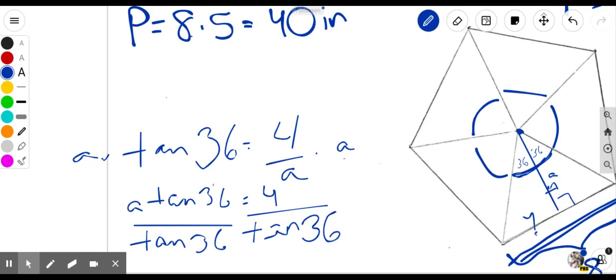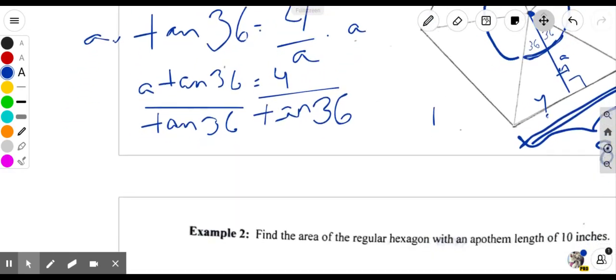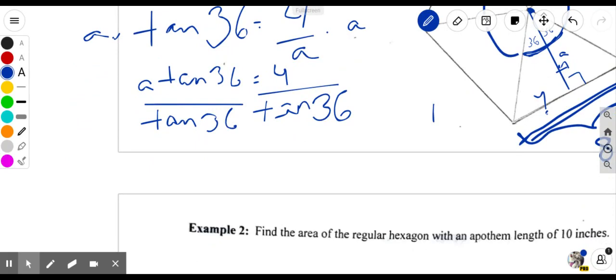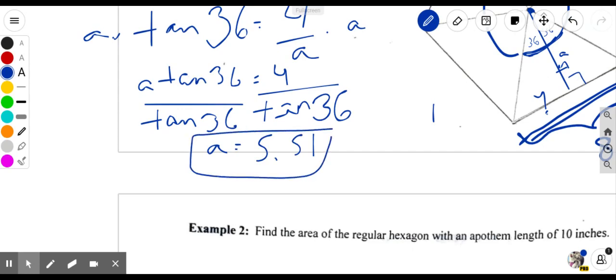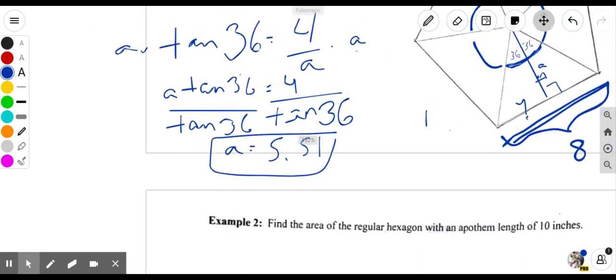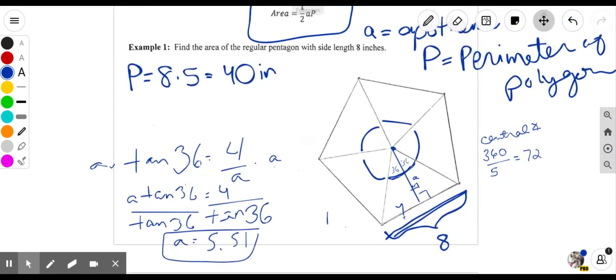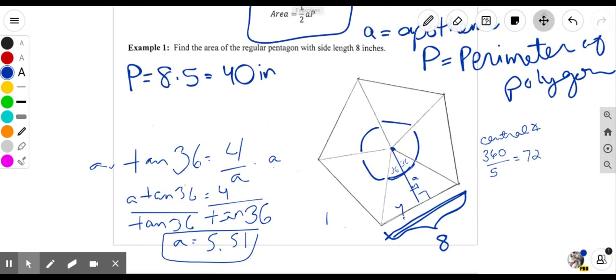Okay, so in your calculator, you would do 4 divided by tangent of 36, and we end up getting A is equal to 5.51. So that's the apothem, 5.51. Now, finally, to get the area of the whole shape, we take the apothem with the perimeter and plug it in.